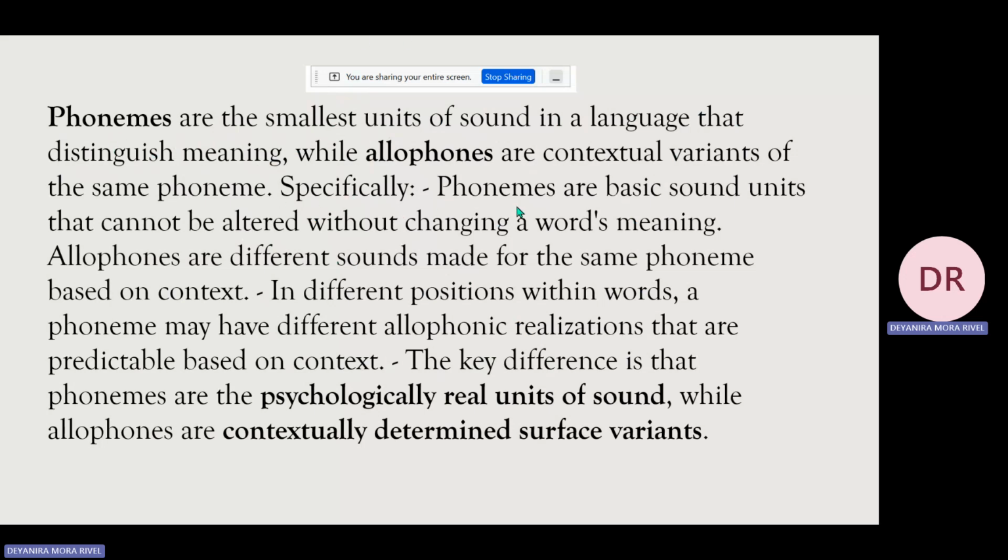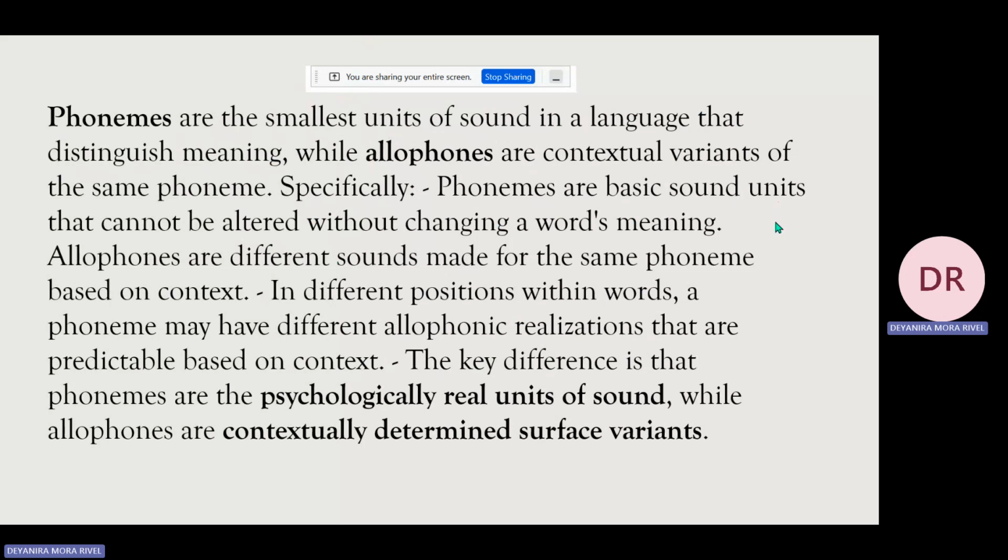Specifically, phonemes are basic sound units that cannot be altered without changing the word's meaning. Allophones are different sounds made for the same phoneme based on context. In different positions within a word, a phoneme may have different allophonic realizations that are predictable based on context.